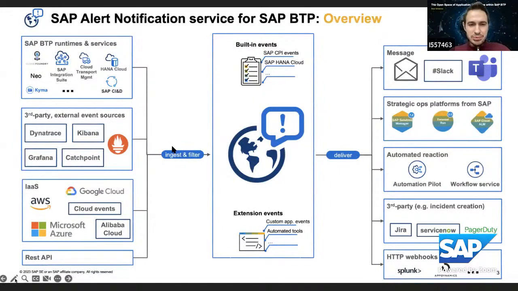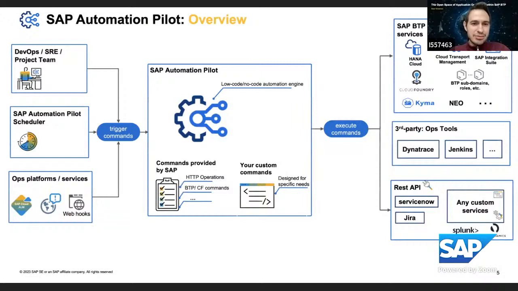The same applies to the automation pilot, which is a multi-purpose automation engine that fits many different use cases, and that gets consumed through the BTP cockpit. It has a UI so that the users of the automation pilot can create, maintain, model, and execute different types of commands through the UI, and you can minimize all of the effort needed to build those commands.